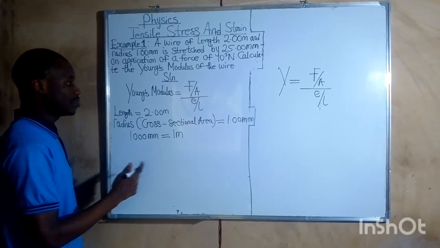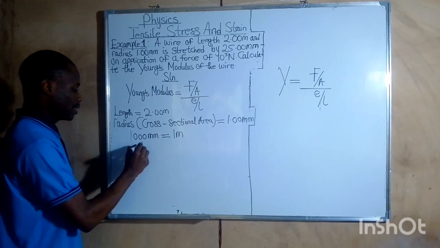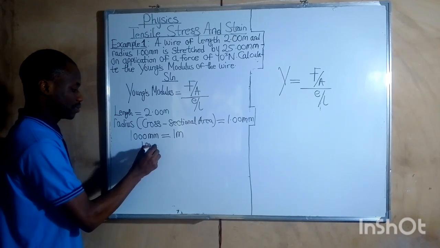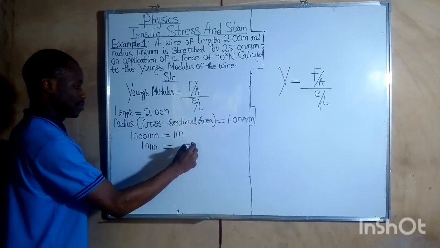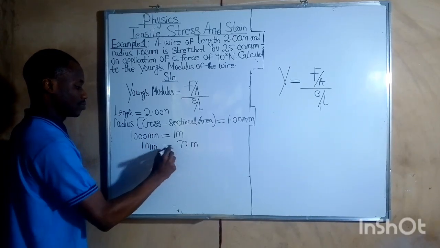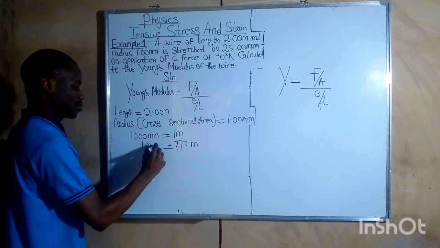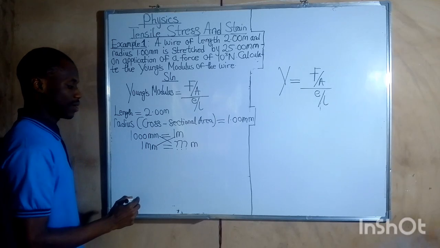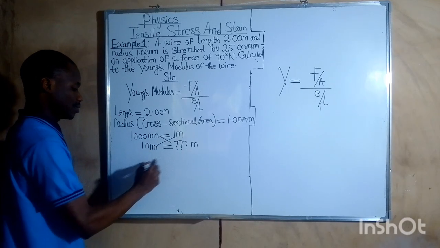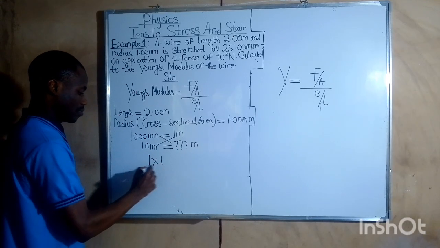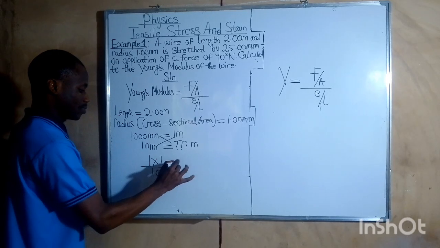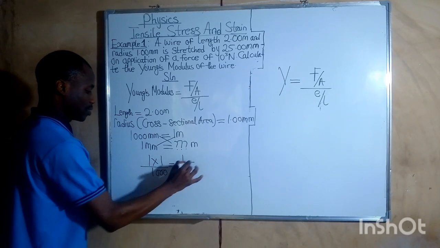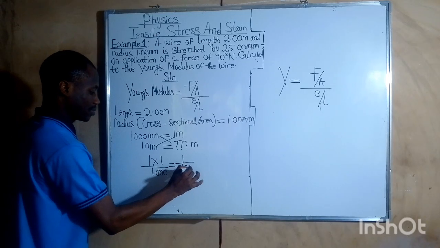So we are going to convert 1 millimeter to meter, which is unknown, and we're looking for it. So you just cross multiply: 1 times 1 over 1000.